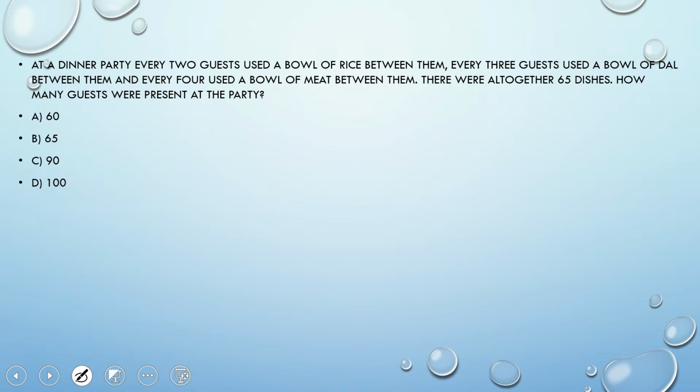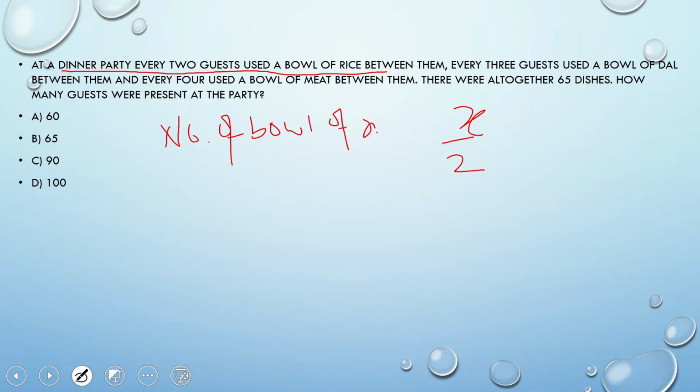In this question, we have to read the statements very carefully. In the first statement, it is said that at a dinner party, every two guests used a bowl of rice between them. Now, if you use a bowl of rice between two persons, then of course the quantity of rice will decrease, that is x by 2. Here, number of bowls of rice equals x by 2. Similarly in statement number 2, every 3 guests used a bowl of dal.